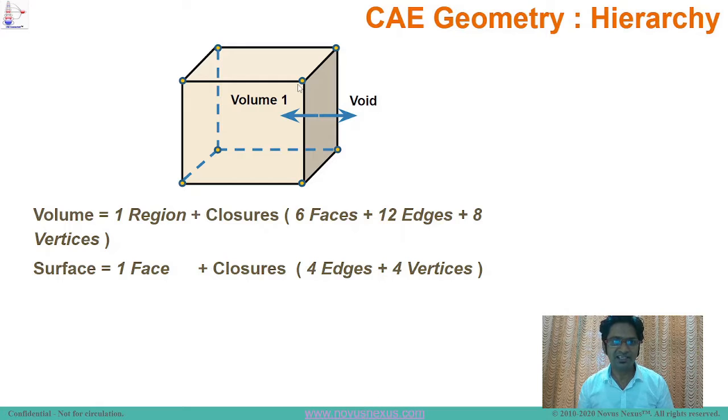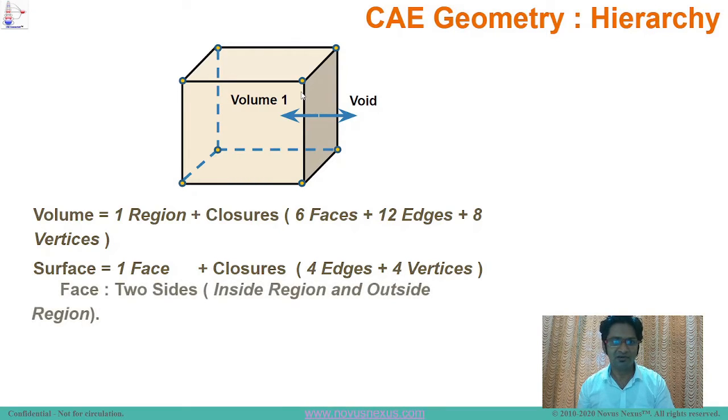Similarly, if I see any particular surface, then I can say that topologically it is made up of a face, 4 edges, and 4 vertices. Likewise, if I see any particular face, then it will have two sides. One is pointing inside the volume and one is towards the void, that is away from the volume.